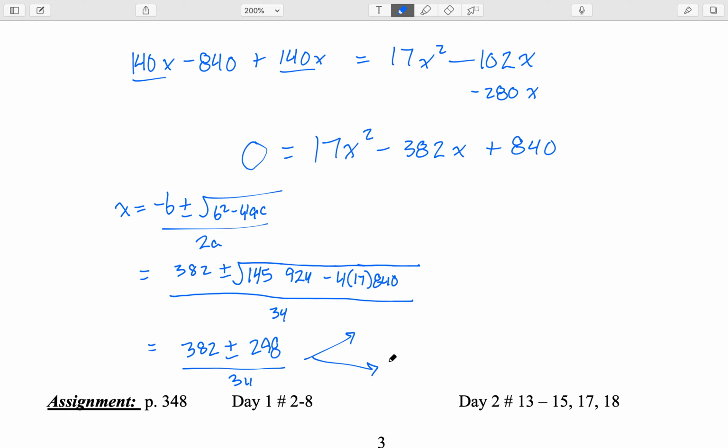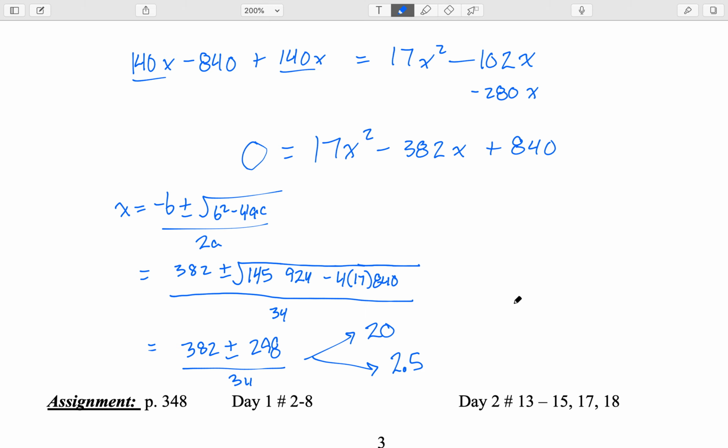That's going to give me 20. What's the other one? So 382 minus 298. And then I'm going to go divide by 34. Boop. Is 2.47. So in other words, around 2.5.